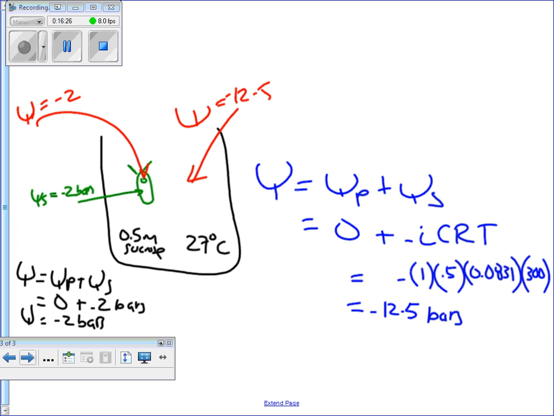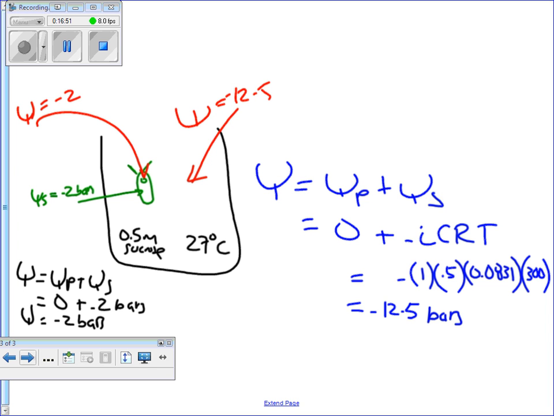That would tell me where the greater water potential is. Inside the plankton, negative 2 is a larger number than negative 12.5. So if there's a greater water potential inside the protozoan, which way is the water going to move net? Out. And this protozoan is going to shrink or shrivel. Would it likely survive in this environment?